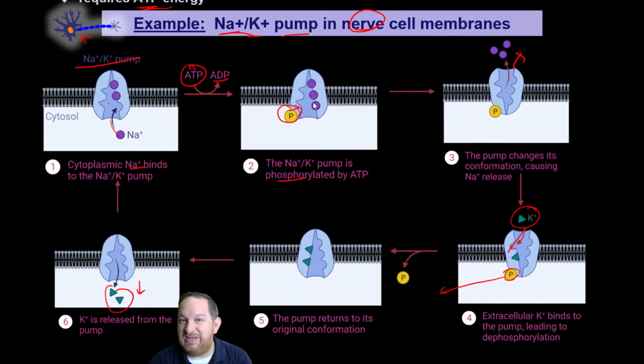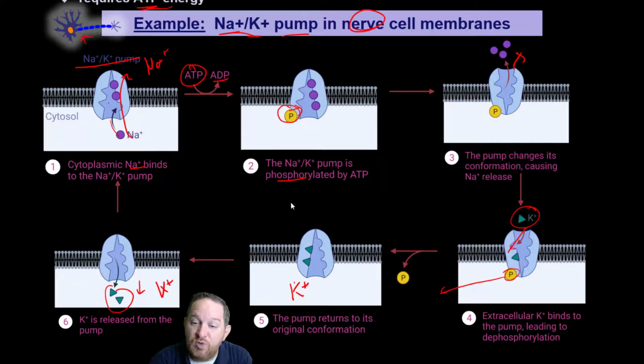So all we did here is move things against the concentration gradient. Because there was already a lot of sodium out here, but we needed to move more out. And inside, even though I don't show you a bunch, there was a lot of potassium inside.